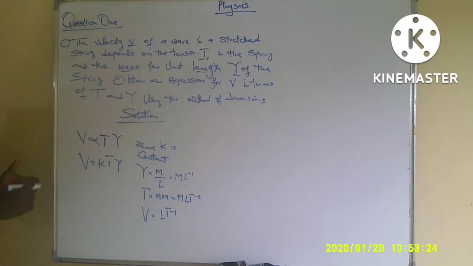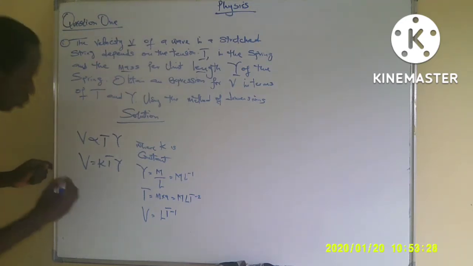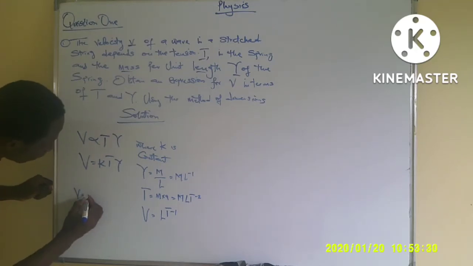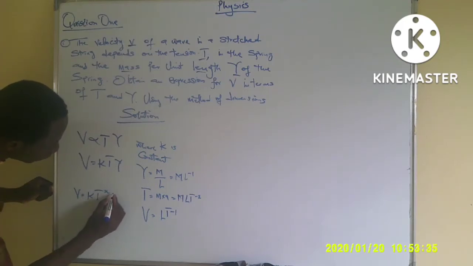But for us to be able to evaluate this properly, we need to label the variables. Velocity depends on the tension, let me call its power x, and the mu, mass per unit length, let me call its power y.